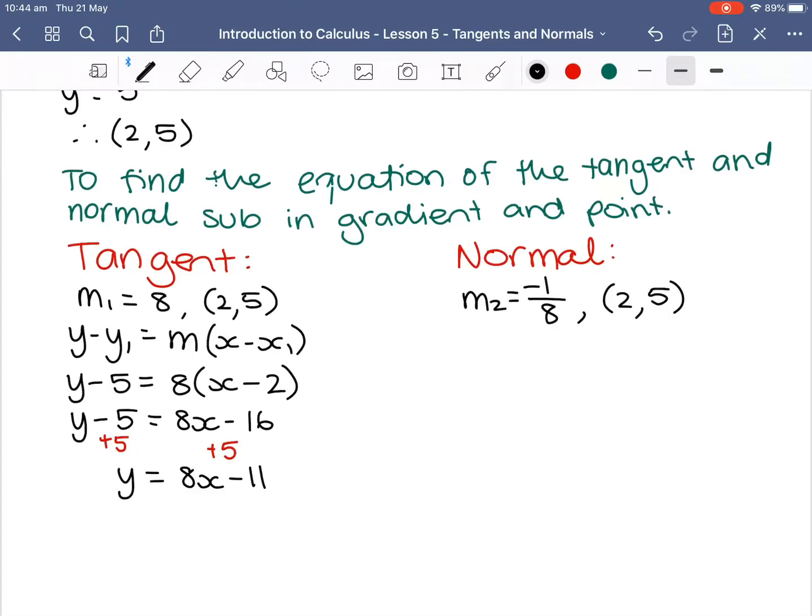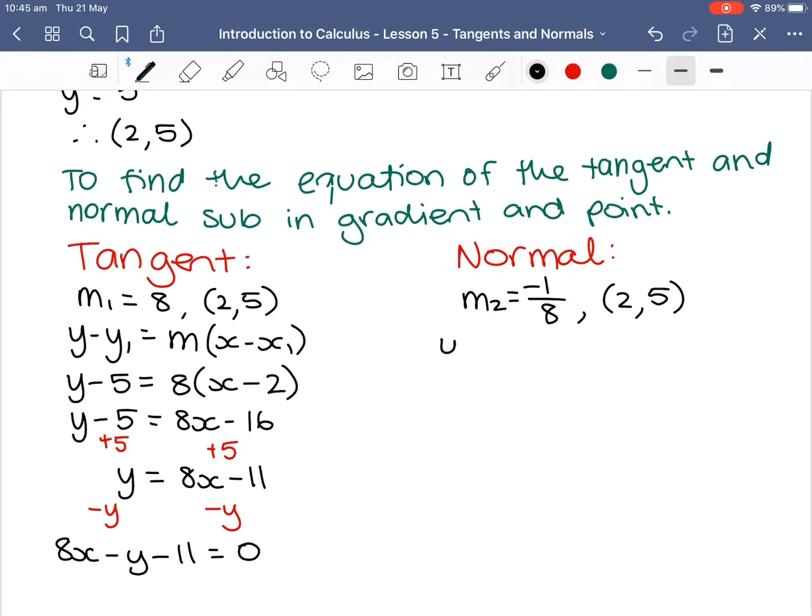So that is in our gradient intercept form, y equals mx plus c. To get it to general form, we want everything on the one side of the equation. So we minus y from both sides and get 8x minus y minus 11 equals 0. So that is our equation of our tangent.